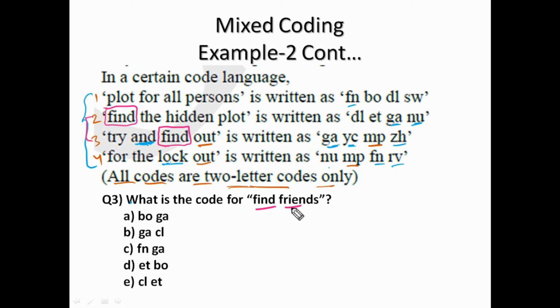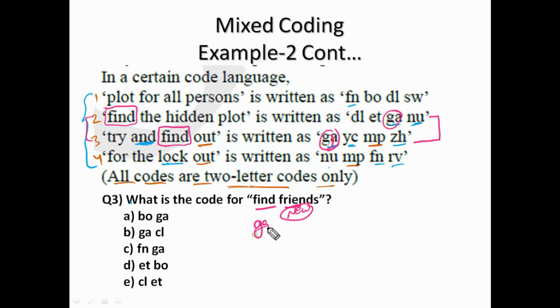And "friends" is a new word, which means we have to search for a new code in the given options. First we will find the code for "find". What is the common code in the second and third statements? GA. Is only GA common, or are any other codes common? Only GA is common. So the code for "find" is GA.